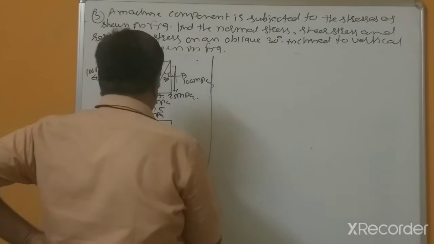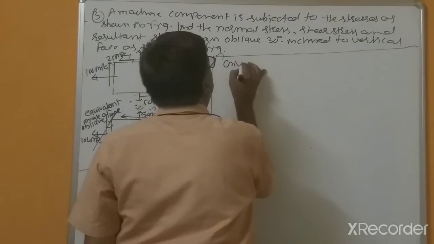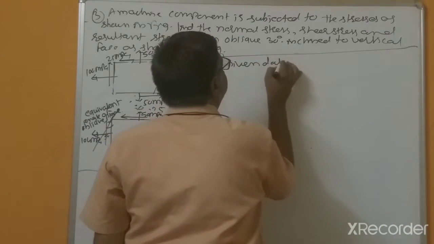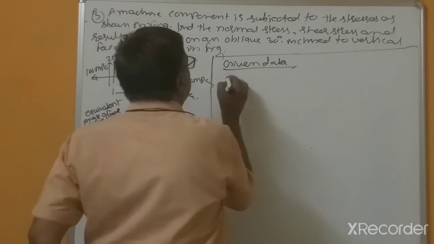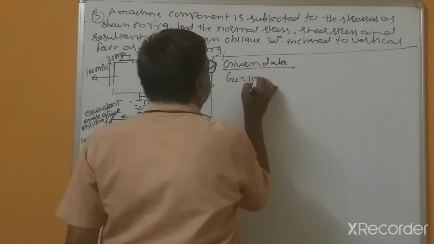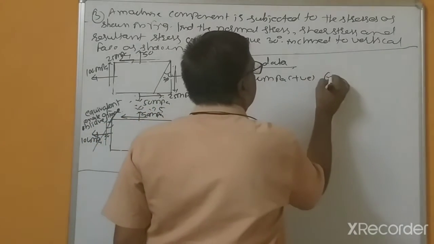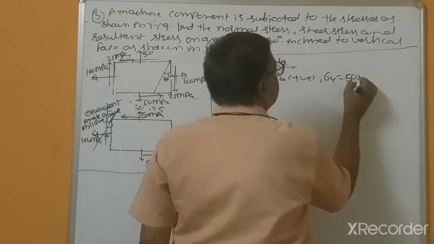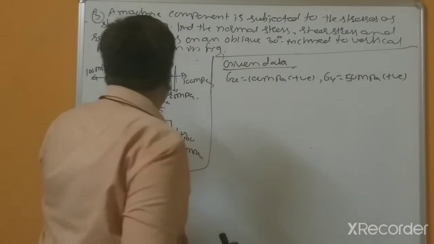So first I will write the given data. Sigma x is equal to 100 megapascals, positive, and sigma y is 50 megapascals. This is also positive because both are tensile.